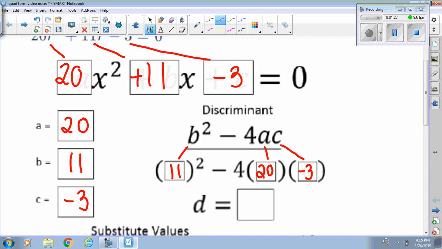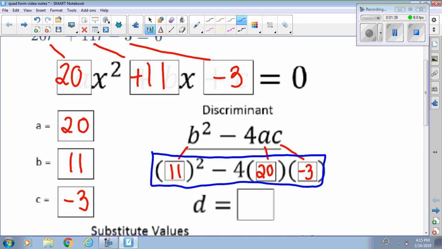In your calculator, you're going to calculate this with all of your parentheses. So let's see if you get the same thing as me. You should get your D value, your discriminant, as 361.